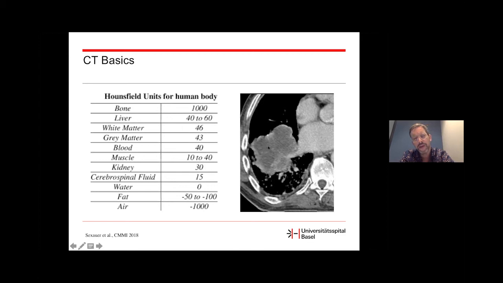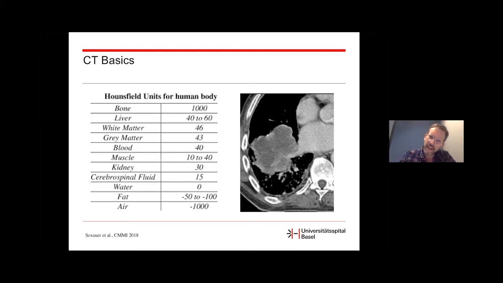And typically the idea is that the more heterogeneous the signal is inside the tumor, the more likely it is that this is a highly malignant tumor, whereas the more benign ones will be more homogeneous. And this is basically where the whole field of radiomics comes from.